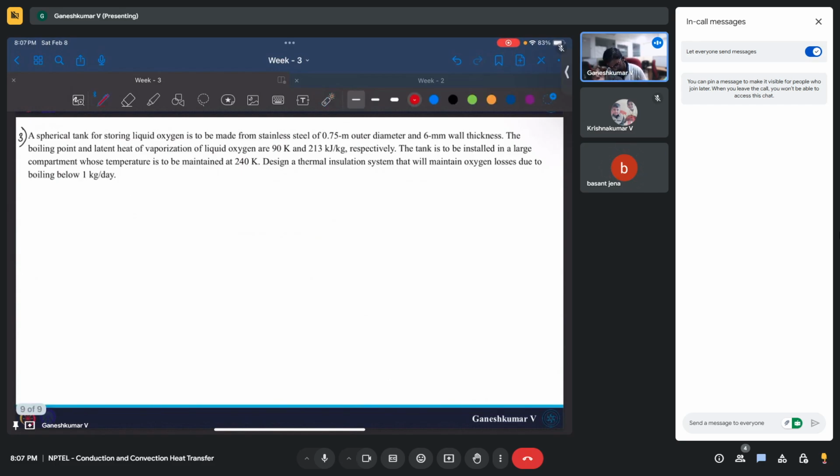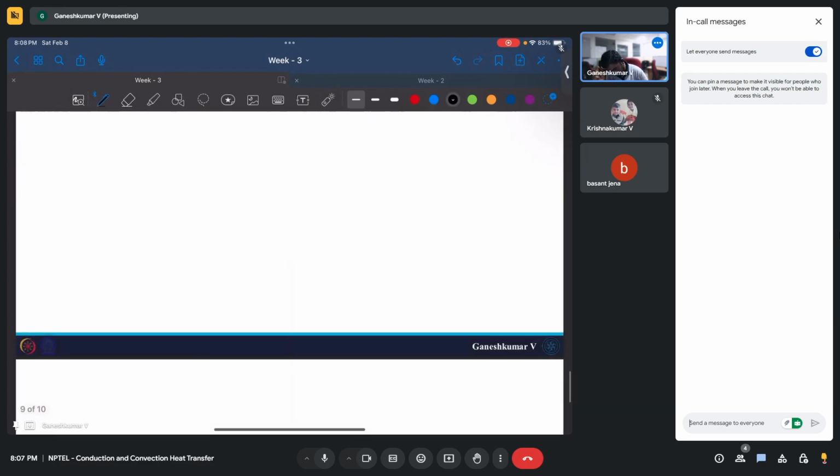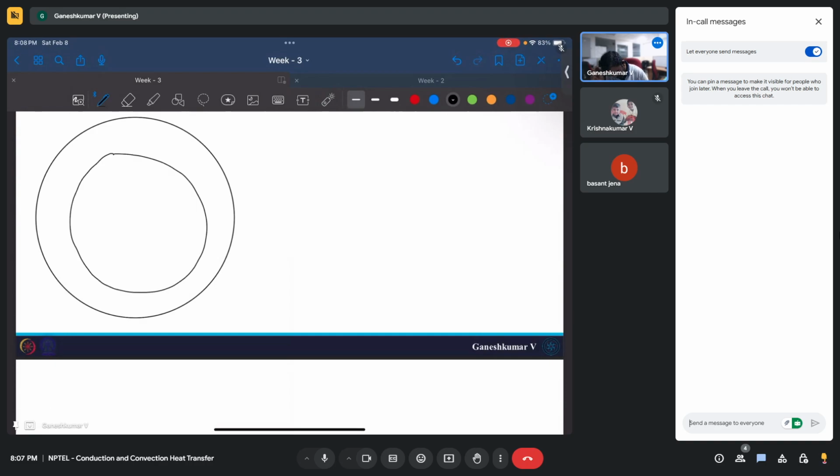Okay, so maybe I will draw a diagram so that it will be easy for you to understand. So this is the spherical tank, and then you have liquid oxygen inside.